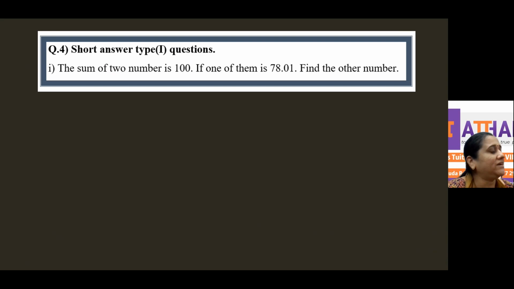Write test one and the question: The sum of two numbers is 100. If one of them is 78.01, find the other number.